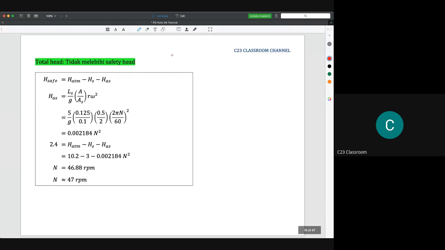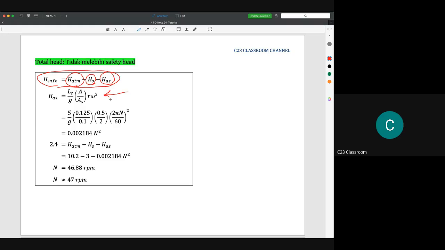First, we calculate the safe speed. We start with the pressure head inside the piston. Because we are calculating for the suction process, the pressure head is the atmospheric head minus the suction head and minus the acceleration head.